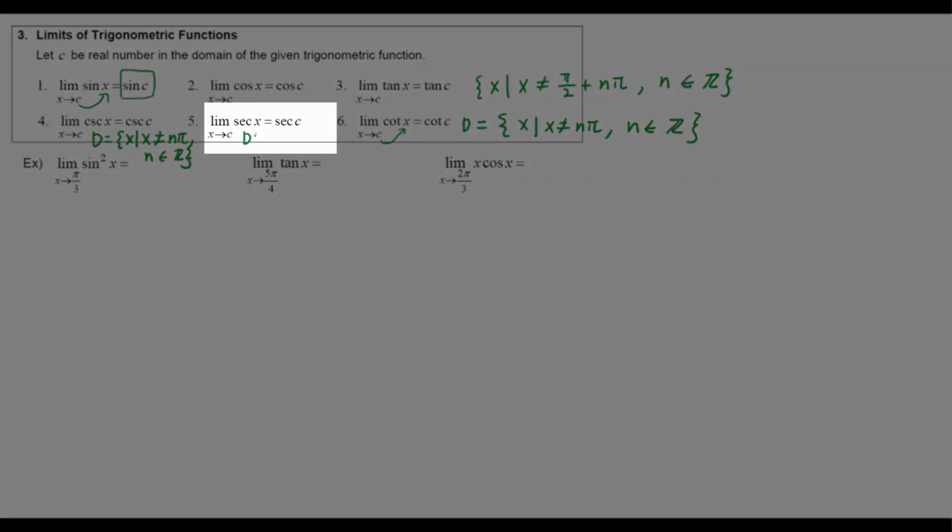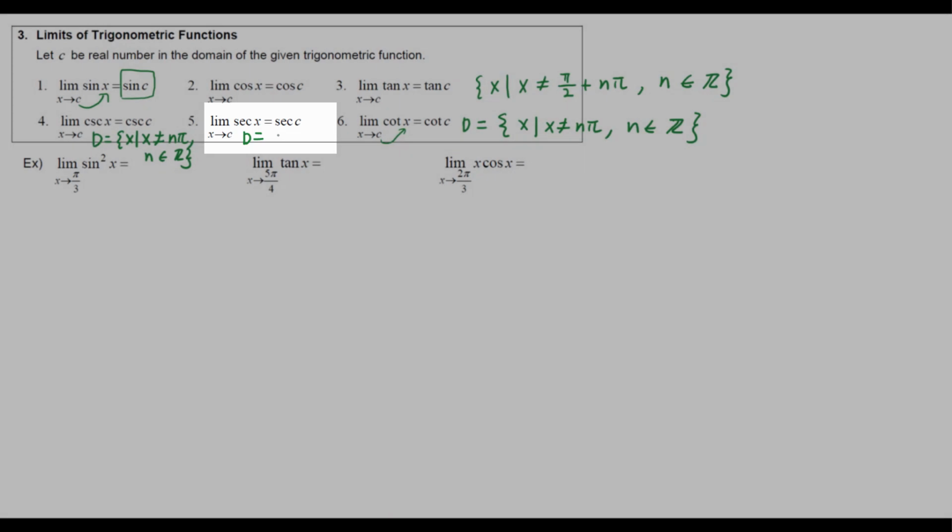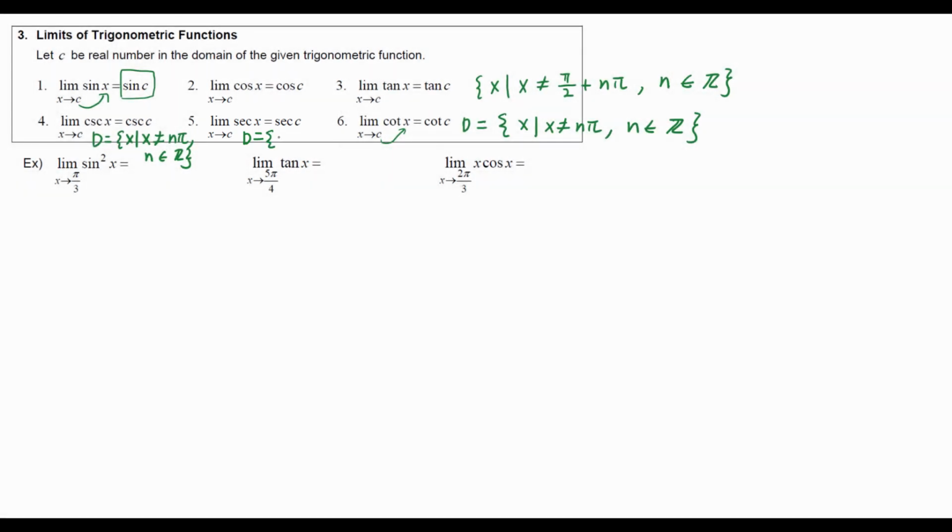The domain of the secant function is the same as the domain of tangent x. So this will be all x such that x is not equal to pi over 2 plus n pi, where n is an element of the integers. So as long as c is not equal to pi over 2 plus n pi, you can just plug c in for x and you will get the limit secant c.